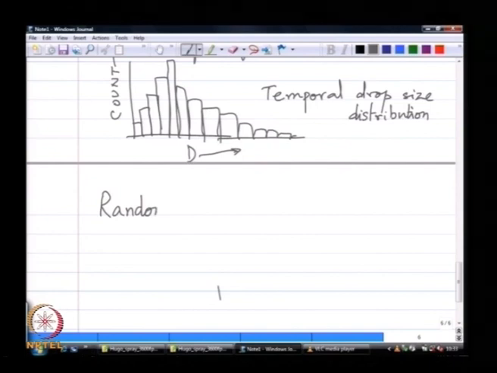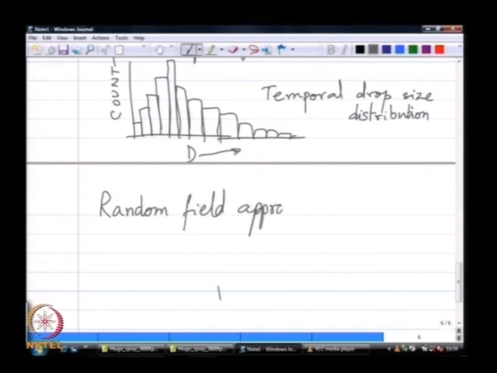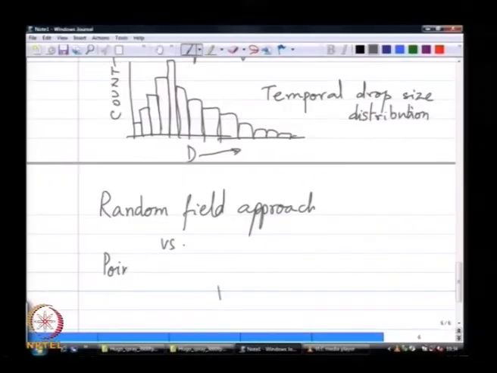One is what is called a random field approach, especially for a statistical system like a spray, where you have to resort to probabilistic measures at some point, and under those situations there are two ways of doing it, either a random field approach or what is called a point process approach.